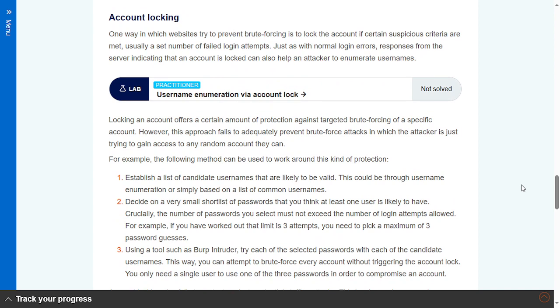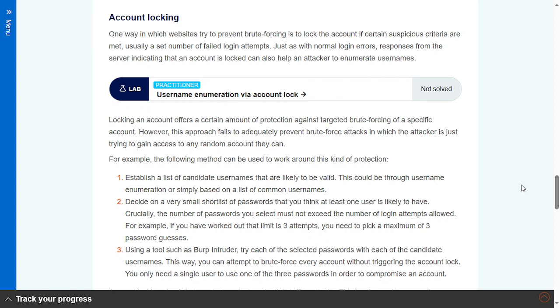Account locking. One way in which websites try to prevent brute forcing is to lock the account if certain suspicious criteria are met, usually a set number of failed login attempts. Just as with normal login errors, responses from the server indicating that an account is locked can also help an attacker to enumerate usernames.